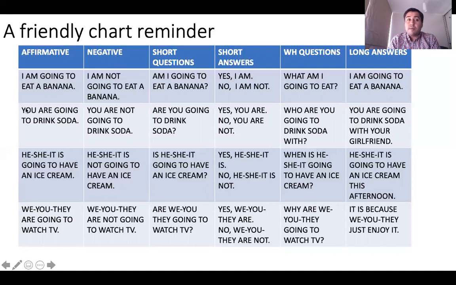So you have I am, you are, he, she, or it is, we, you, they are, and how going to is used in all these forms. So pay attention to the chart, and you'll understand it.